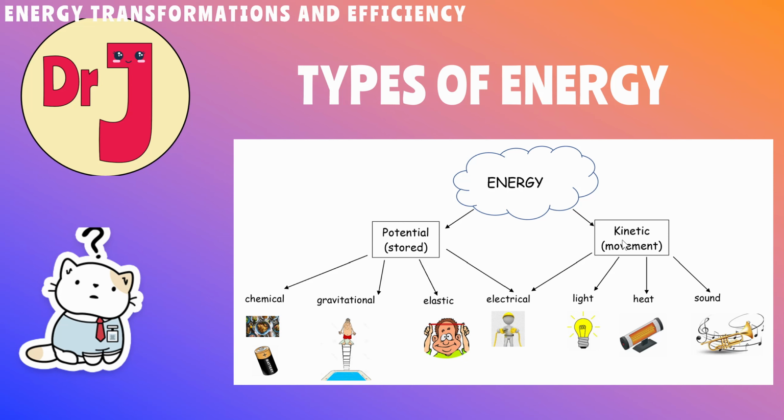Moving over to kinetic energy, examples of kinetic energy are sound energy, heat energy, and light energy. Electrical energy is a mixture between potential and kinetic energy.